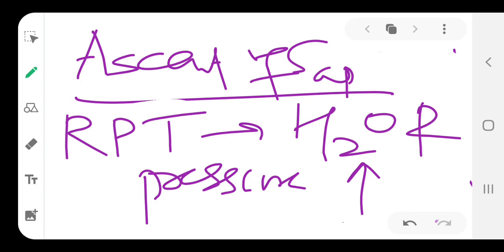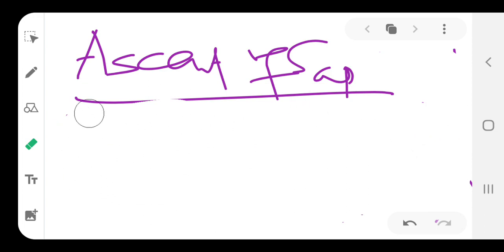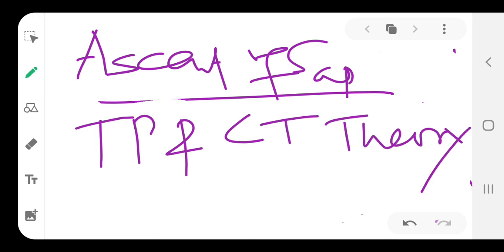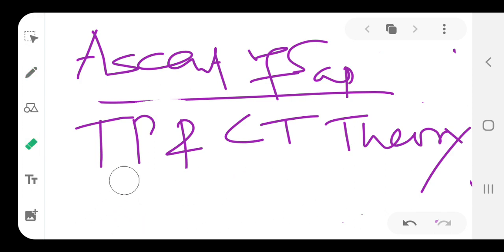While for the second component, called the transpiration pull and cohesion tension theory, it is for the tall trees. The trees normally are very tall, so again the water column has to move against the gravity, so they need a more elaborate process to move up.